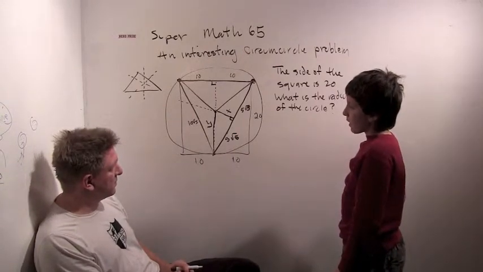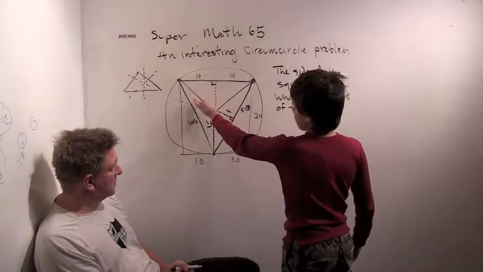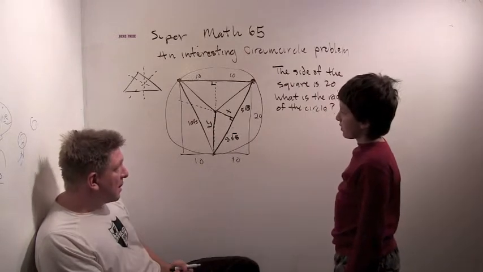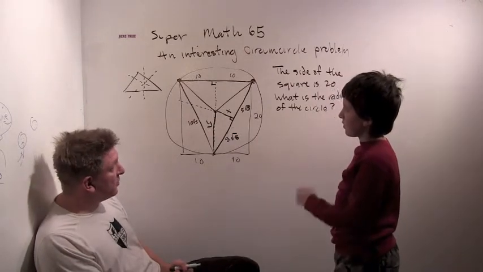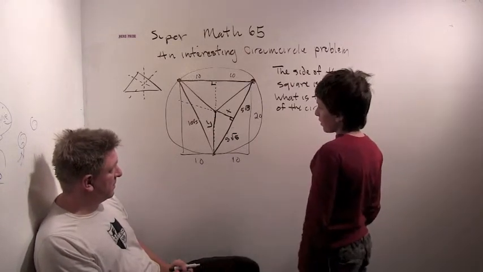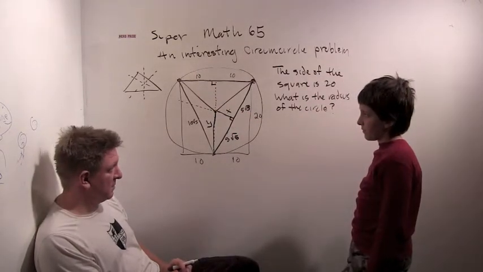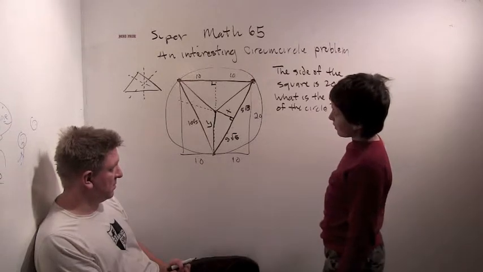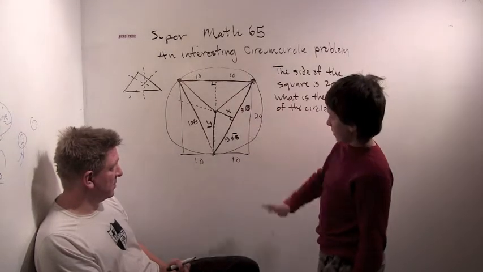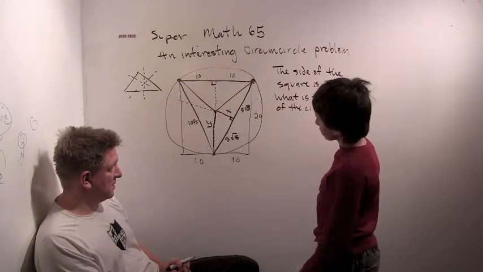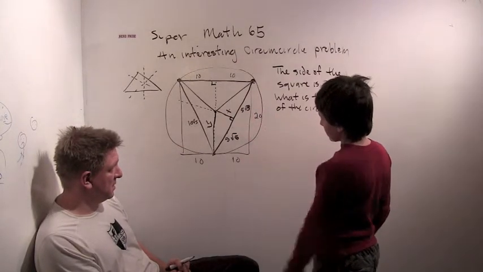Well, if we knew the area of the whole triangle. Yeah, but we don't. What do we know? We know the sides of the whole triangle. We know the height of the big triangle. We know this side.